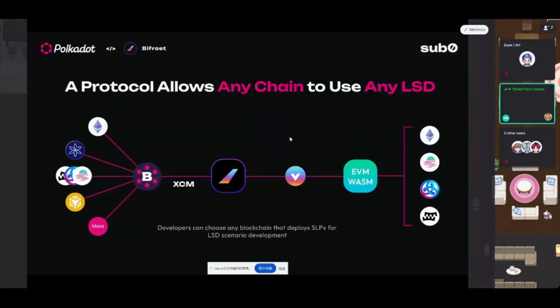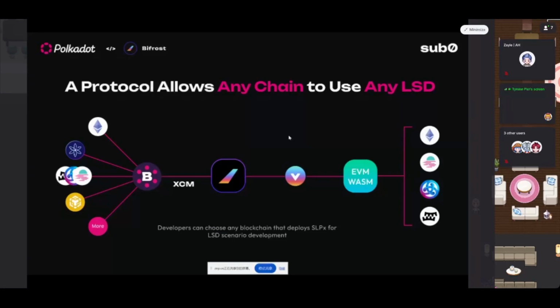We name it a protocol that allows any chain to use any liquid staking derivative, or liquid staking token. Bifrost sits in the middle, connected with Bridge Hub and EVM or wasm environment compatible parachains. Bridge Hub integrates external blockchains like Ethereum, Cosmos, Binance Smart Chain, and more of them.